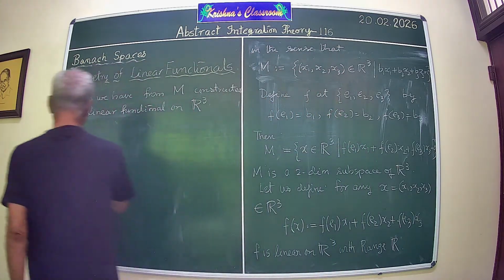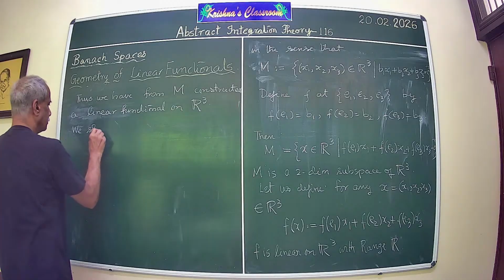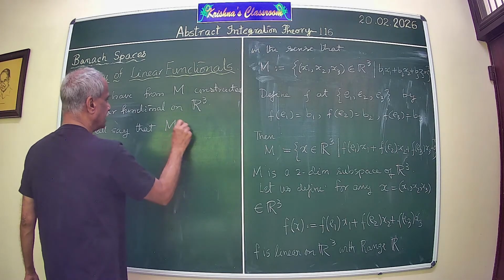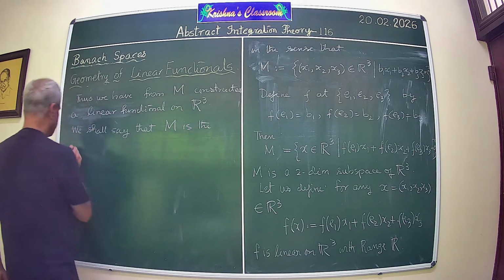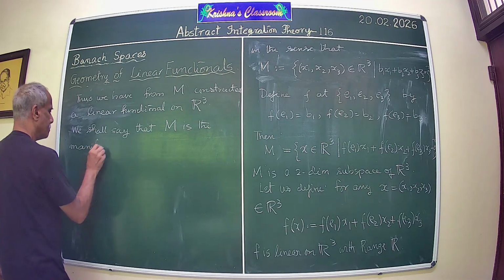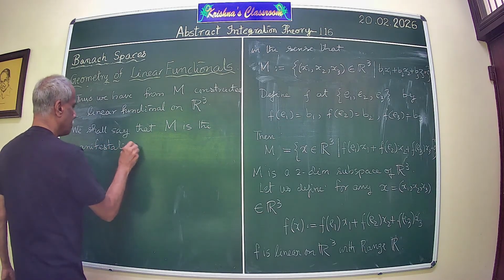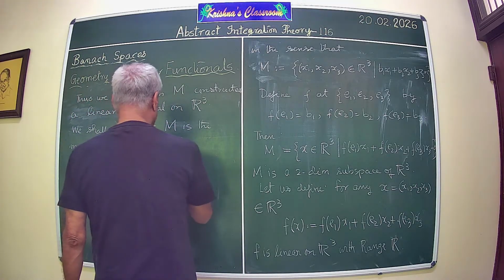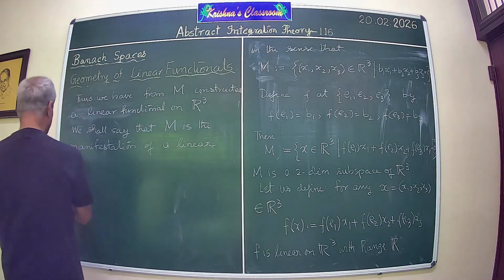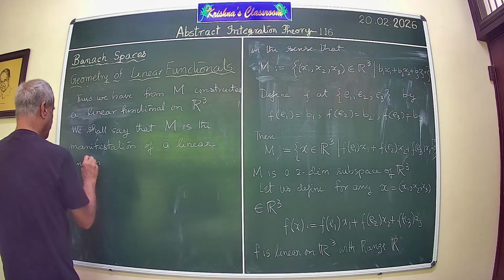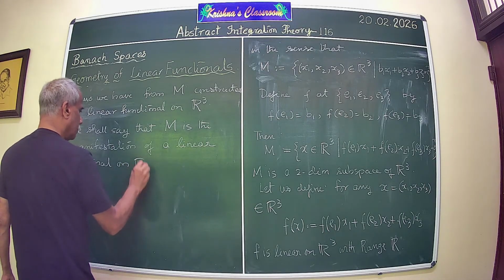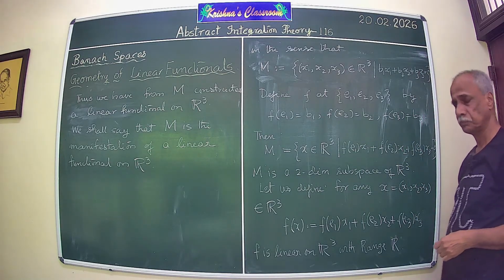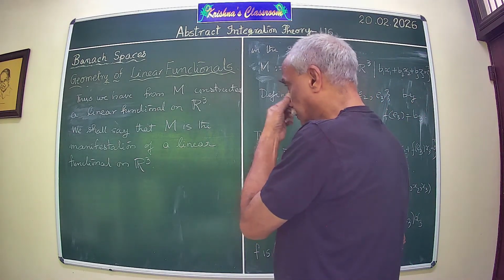We shall say that M is the geometric manifestation of a linear functional.